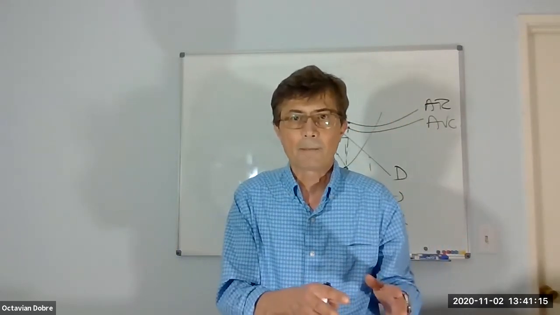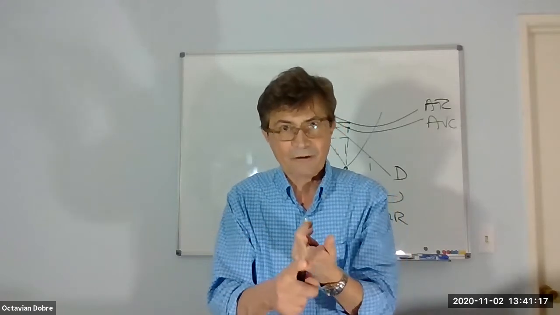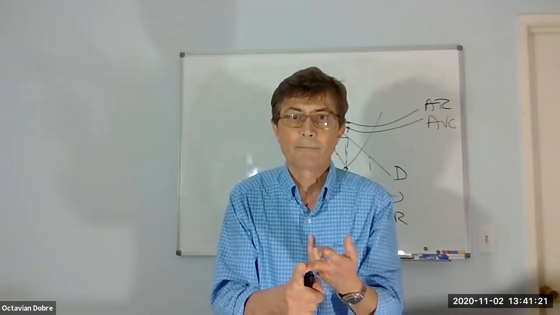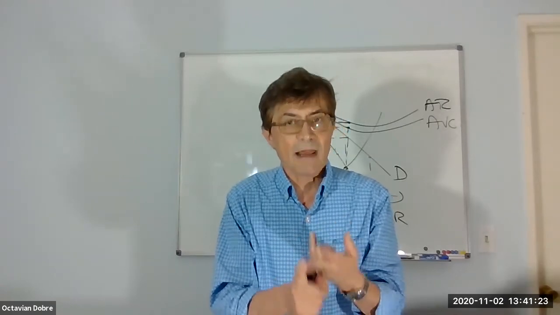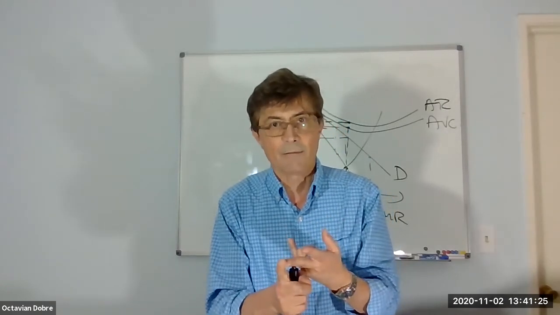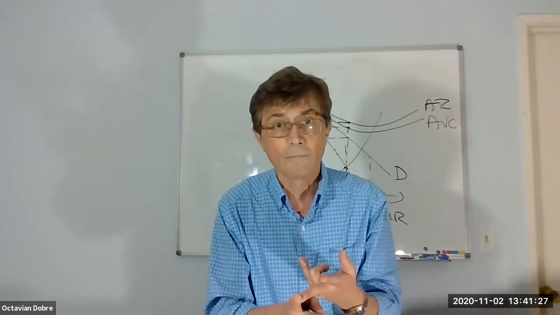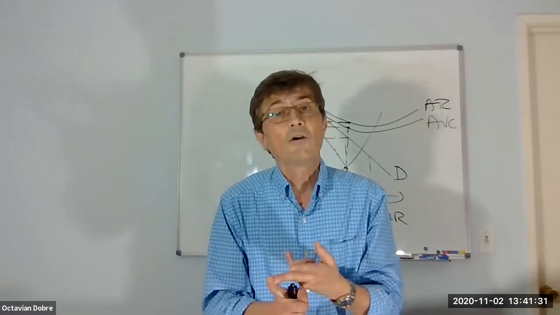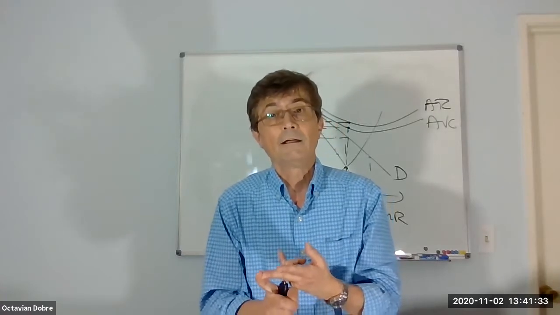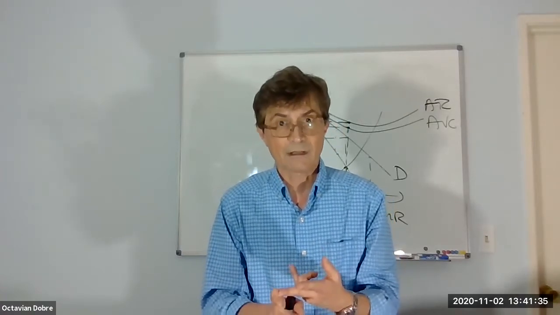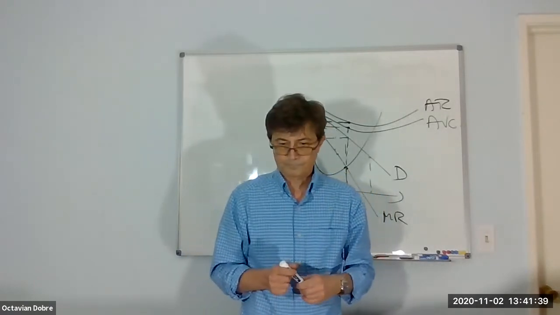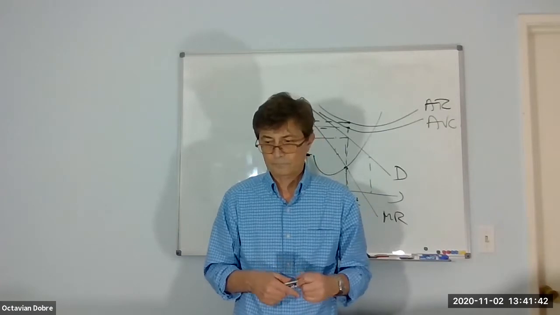But in perfect competition and in monopolistic competition, since there are many of them, they're rather small, so it's rather easy to get in and out. Therefore, in the long run, only zero economic profits are possible. Okay, good.